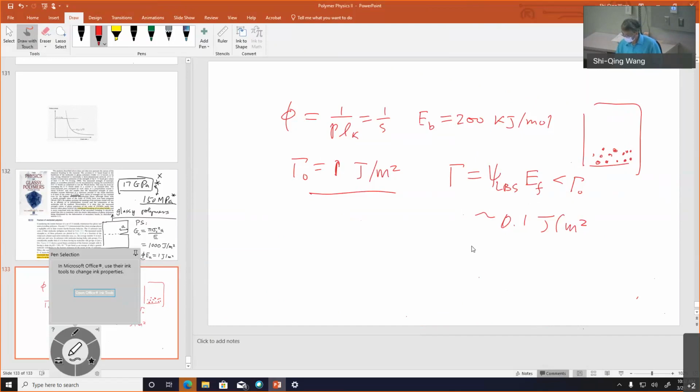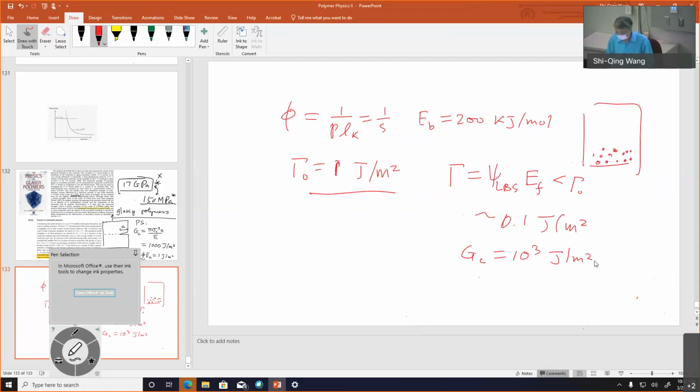And compare that with GC of 1,000, they are 4 orders of magnitude apart. So clearly, there are issues with understanding why you have such low strength. There are issues if you just use a fracture mechanical approach to explain it, is what I'm trying to say.